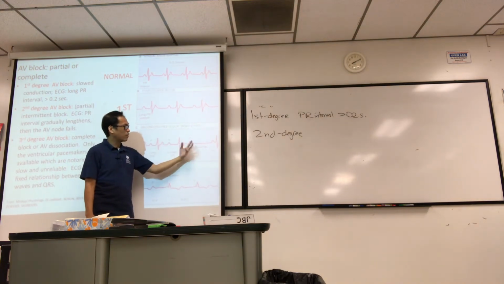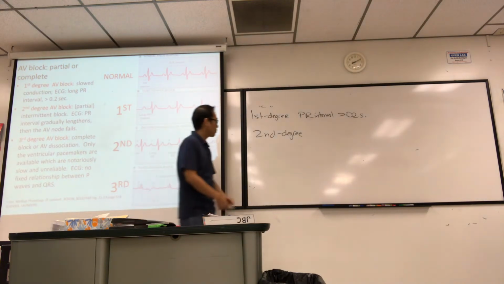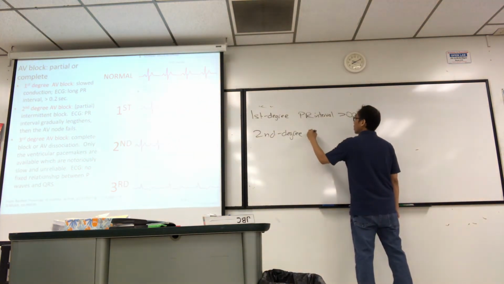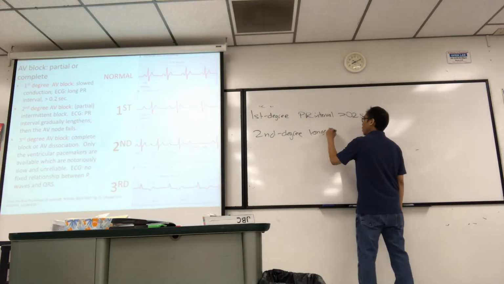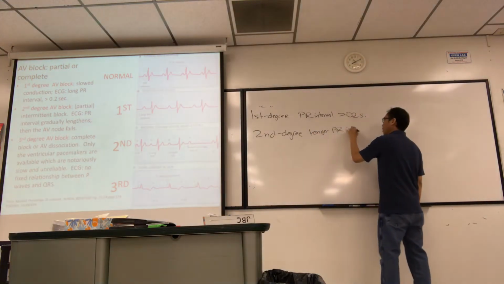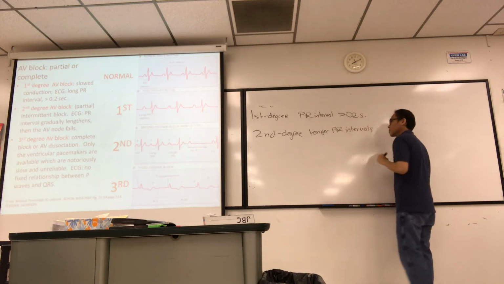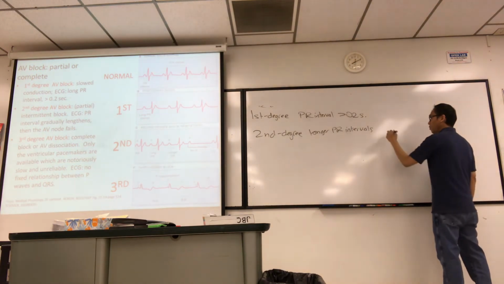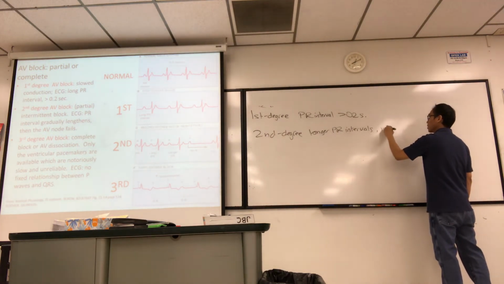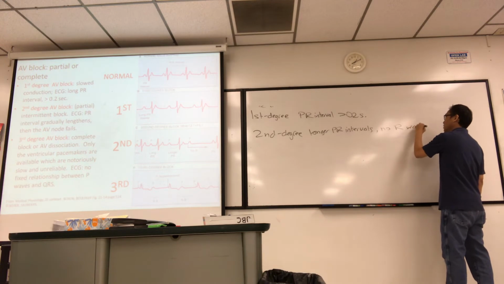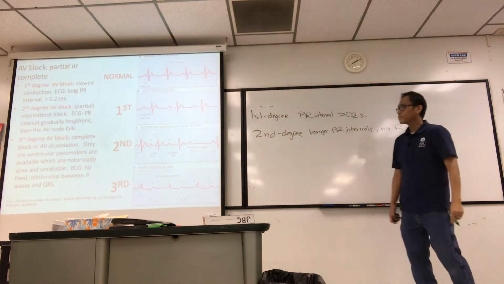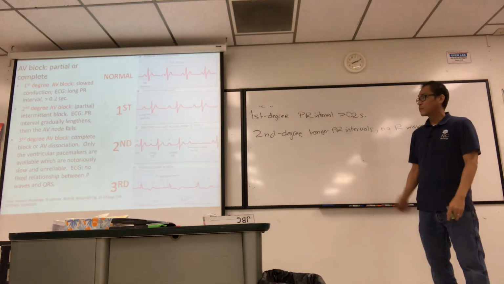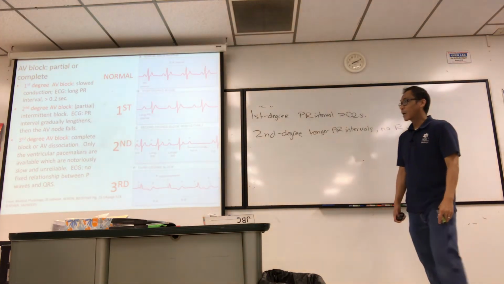So longer PR intervals, followed by no R wave. You skip a heartbeat. When you skip a heartbeat, the signal didn't get through. The AV node failed.